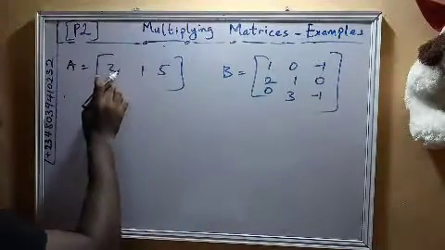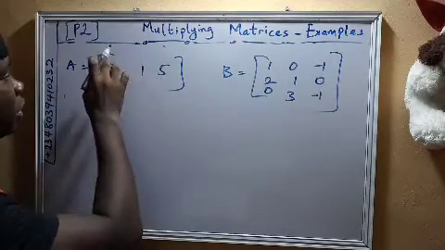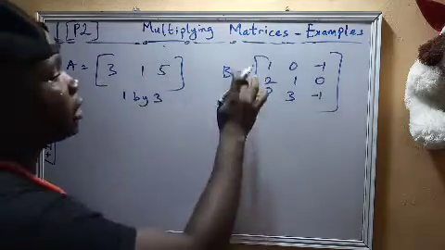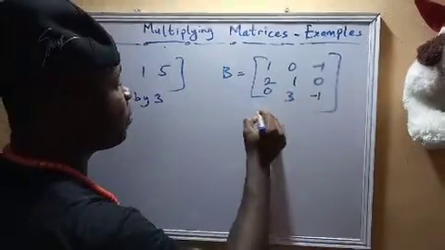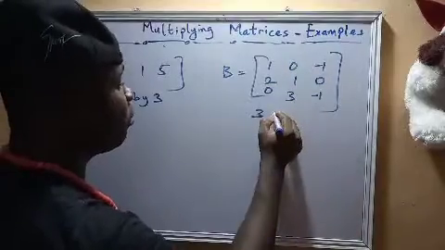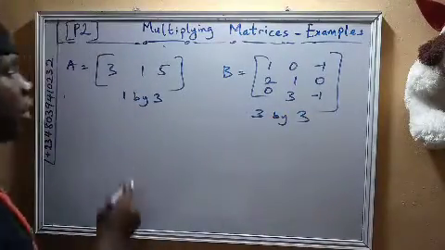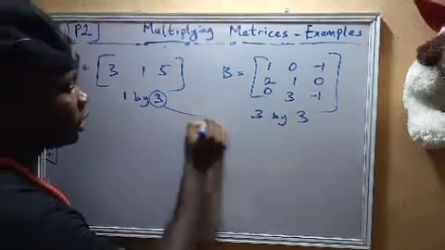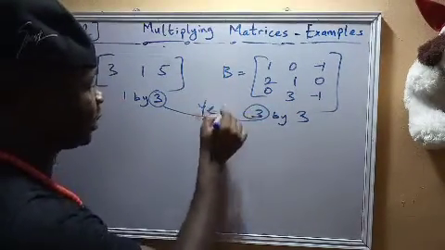Okay, so we have, this is 1 row, 3 columns, so this is 1 by 3, and this is 3 rows by 3 columns. Okay, so because the number of columns of the first is equal to the number of rows of the second, then yes, we can multiply it.